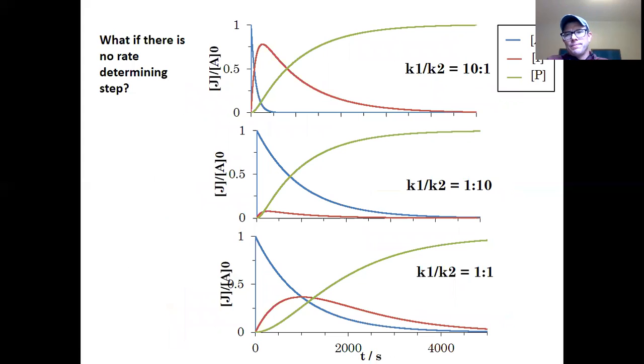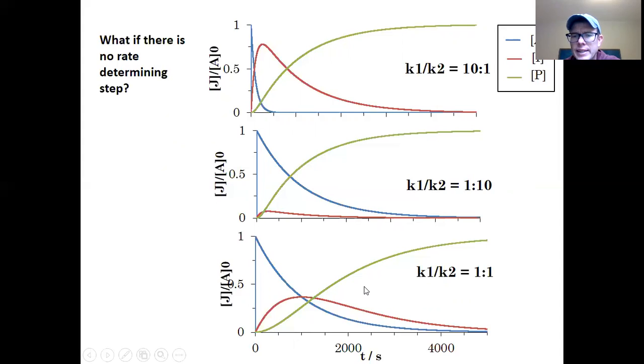Qualitative feature 2: students ask, well, what if there is no rate determining step? That's shown down here in this bottom plot. Above, I had one step 10 times faster than the other. Here I set them equal.